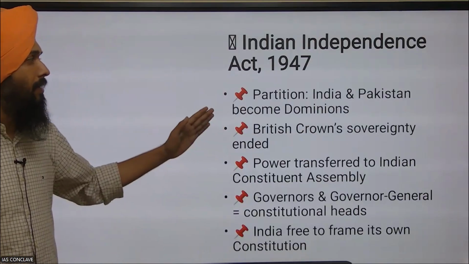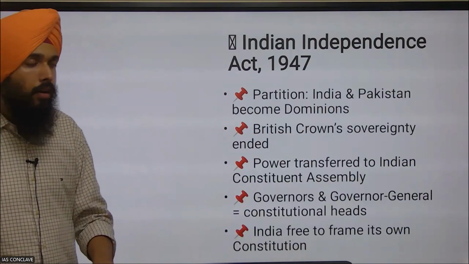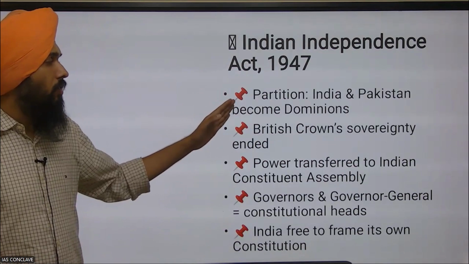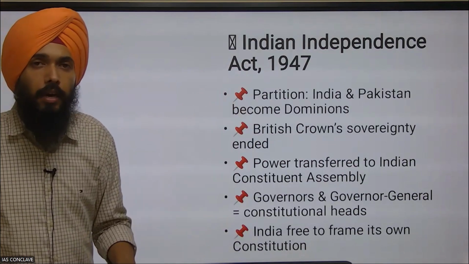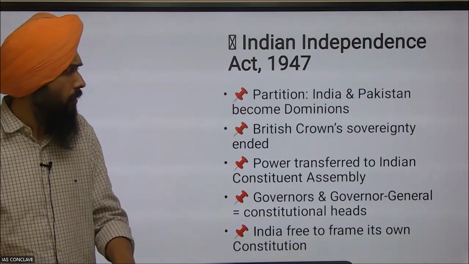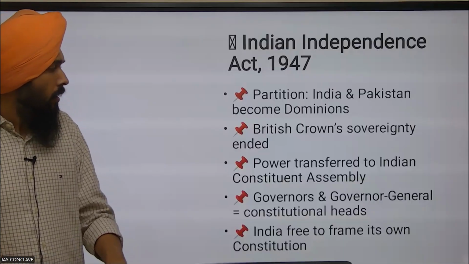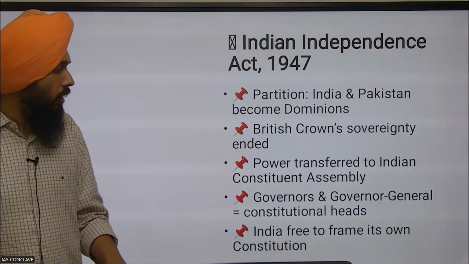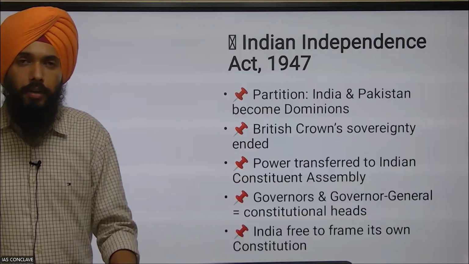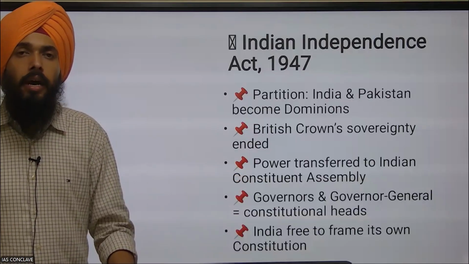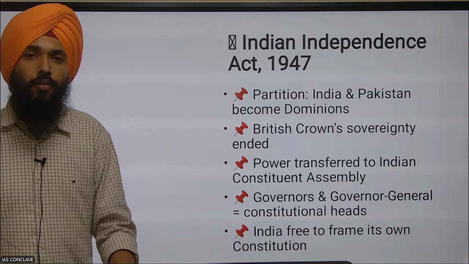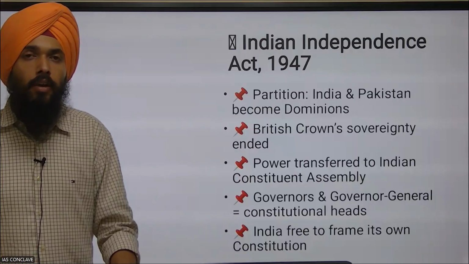So in the Independence Act, after the Mountbatten Plan, partition was declared and India and Pakistan became two dominions. Next, crown sovereignty ended. Then power was transferred to the Indian Constituent Assembly. And after that, there was the process of making the constitution.